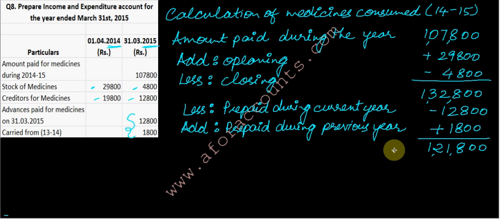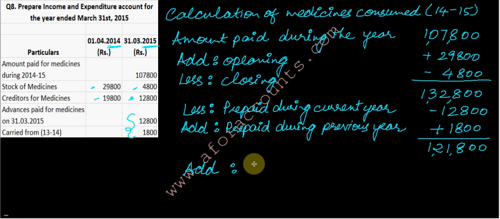Okay. Now the adjustment remaining is for the creditors, and I know that I have to add closing creditors and subtract opening creditors. Closing creditors is 12,800.